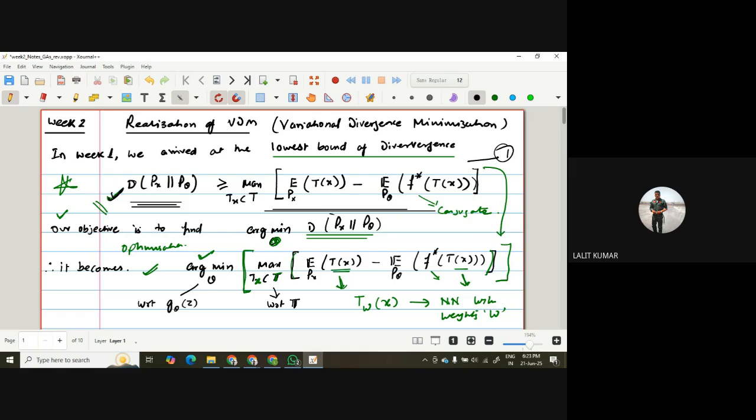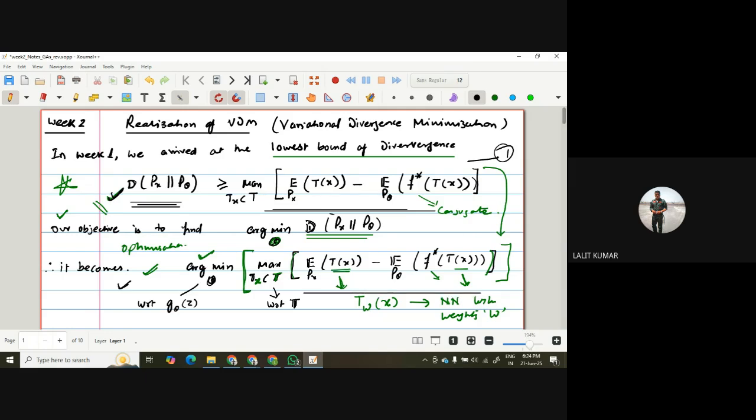But our objective is to find the theta which minimizes this divergence. So if you combine both, your optimization problem becomes: find the theta which minimizes the whole equation, and find T(x) which maximizes this equation.